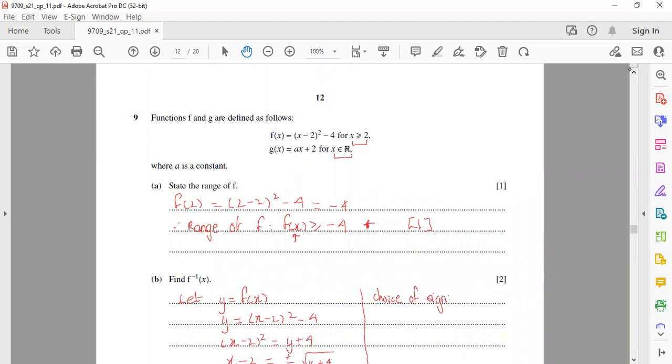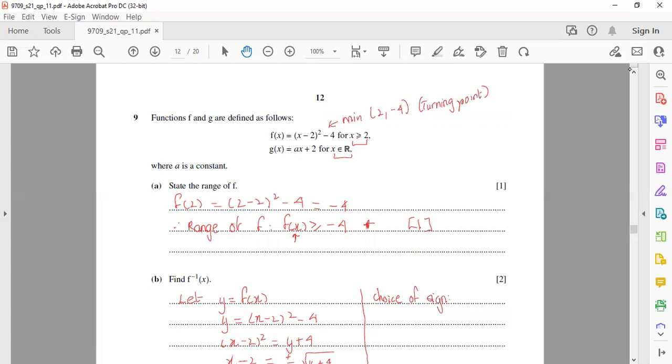Let's say x is equal to 3. We should never use the turning point while choosing the sign. For example, here we have the minimum point at (2, minus 4), so we cannot use x is equal to 2 since this is the turning point. So let me use x is equal to 3.